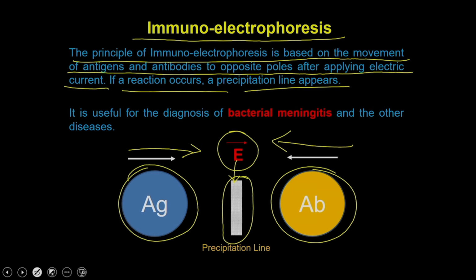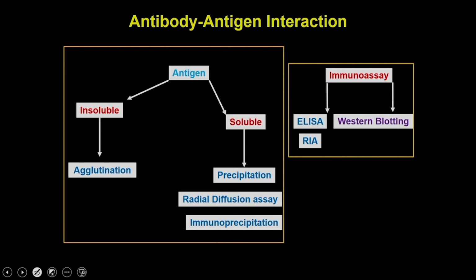That precipitation line tells you that this antigen and this antibody are interacting with each other. This kind of assay is used for the diagnosis of bacterial meningitis and other diseases. So, this is all about studying the interaction of antigen and antibody.